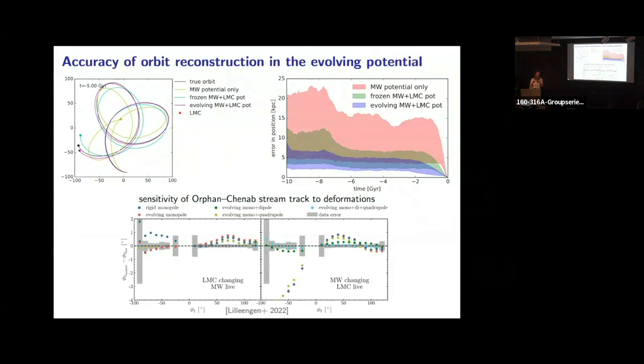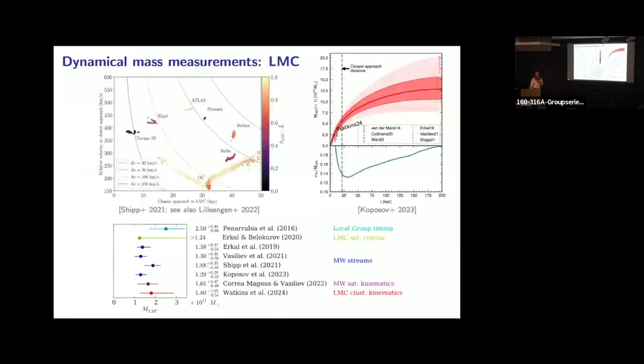So in current studies, they are using orbits which are performed in moving potentials, but not distorting. But in principle, the sensitivity to perturbations in the distorted potentials is above the level of precision, so we should be able to measure it. But it becomes quite complicated. And as Ekta already illustrated, the mass of the LMC currently converges to values somewhere between 1 and 2 times 10 to the 11 solar masses from different studies.